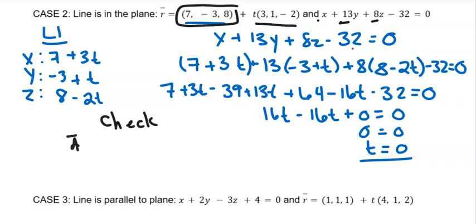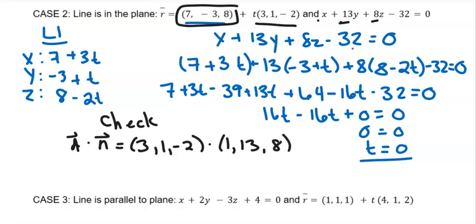And I'm going to take the direction vector of the line and dot it with the normal of the plane. Direction vector of the line is 3, 1, -2. Normal vector of the plane is 1, 13, 8. And when I do the dot product, if I get a 0, then these guys are perpendicular to each other.